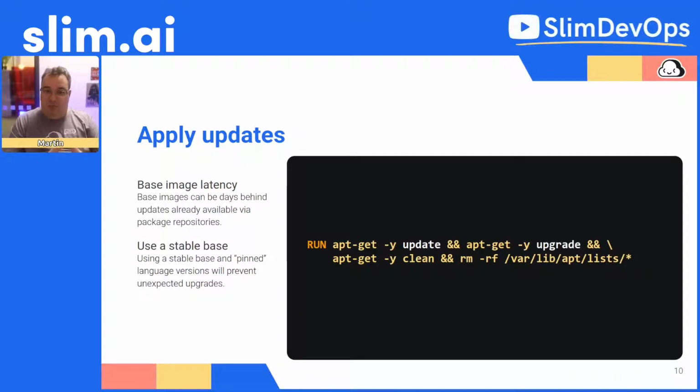However, there can often be days between the updates being published by the distro vendor in their package repositories and the revised base images being published to the registries. So relying on the base image alone is not sufficient, even for images that are blessed by Docker and maintained by companies with plenty of resources.